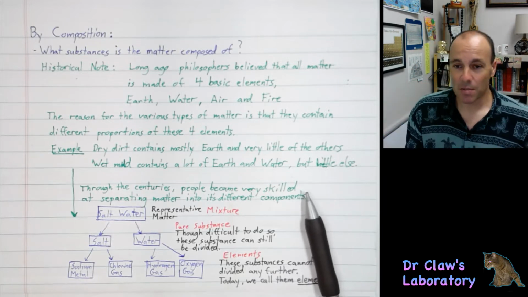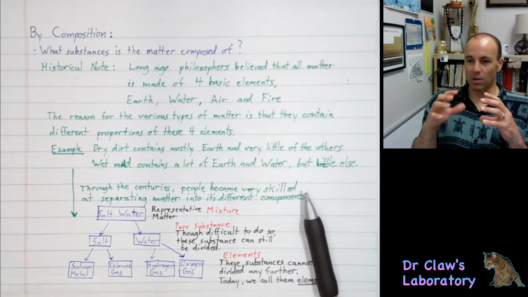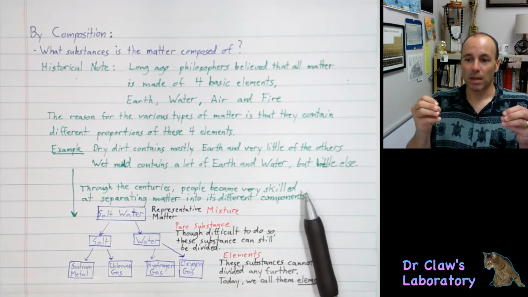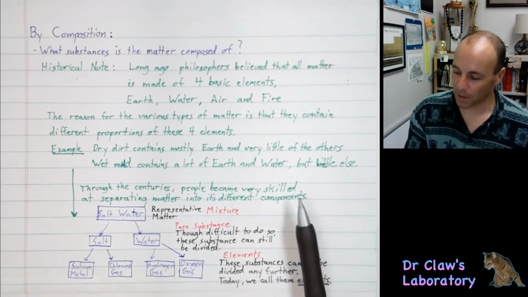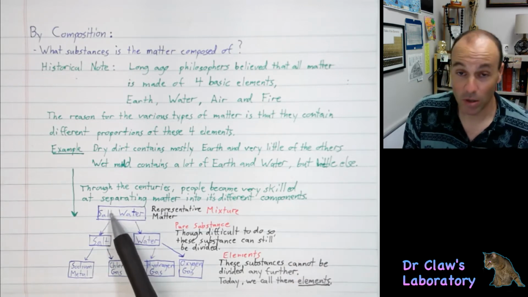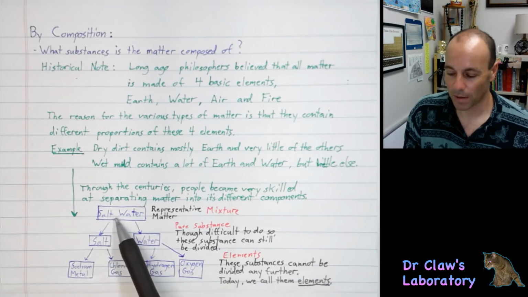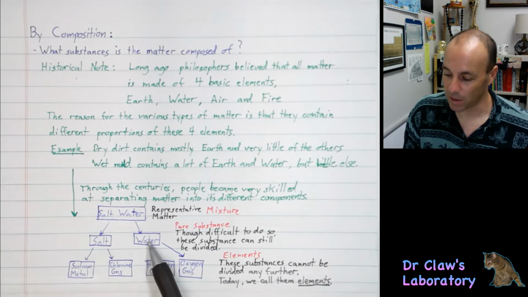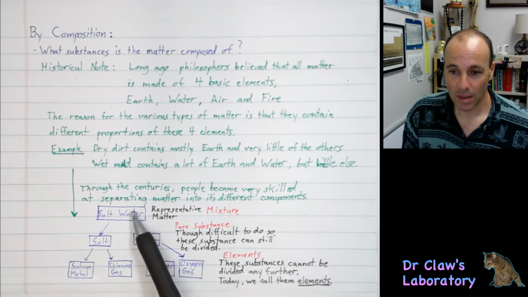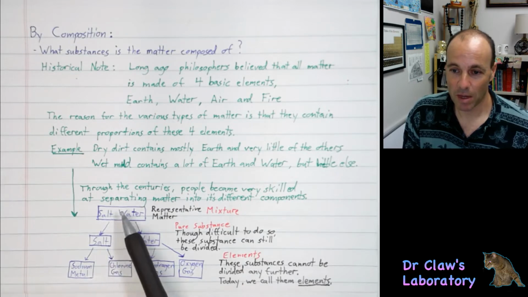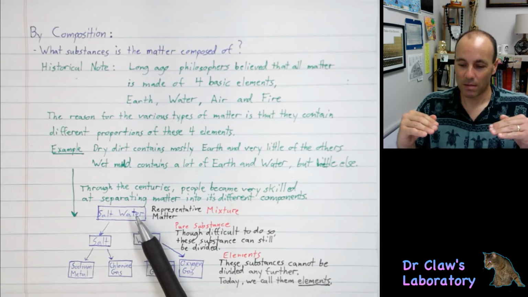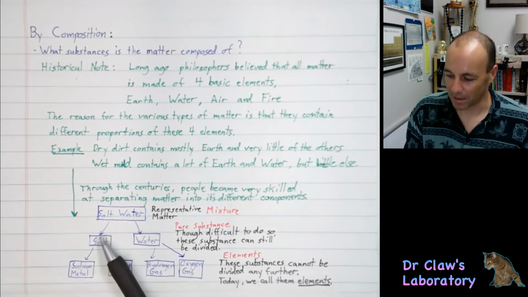And they became experts at taking a chunk of matter, which is usually a mixture of different components, and separating it into its constituents. For example, someone who knew what they were doing could take some salt water and separate it into its salt and water constituents. So the salt water is a mixture, and if you separate it into salt over here and water over there, then these are two simpler substances.